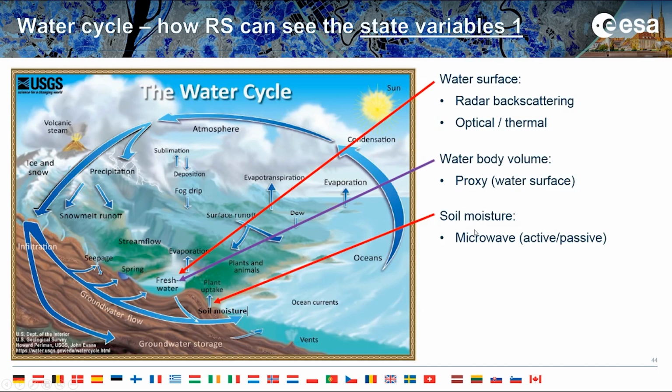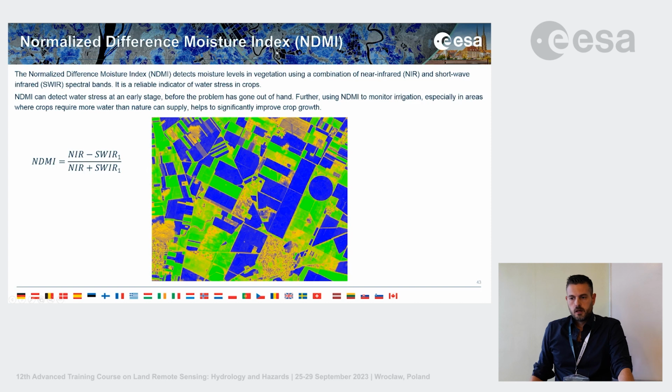Soil moisture by microwave, and even Sentinel-2 using the previous radiometric indices. Ice and snow cover by optical and thermal and microwave, active and passive. Snow water equivalent using microwave, active and passive. And water quality using optical and thermal.